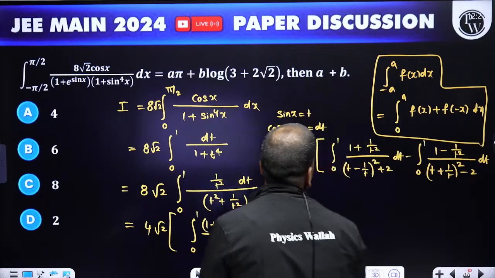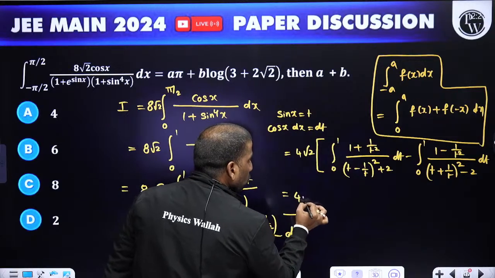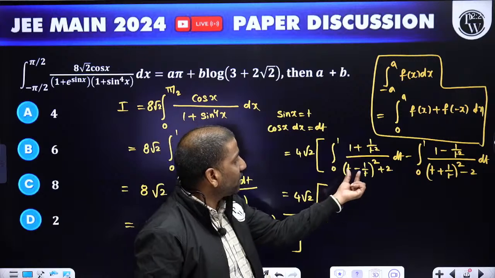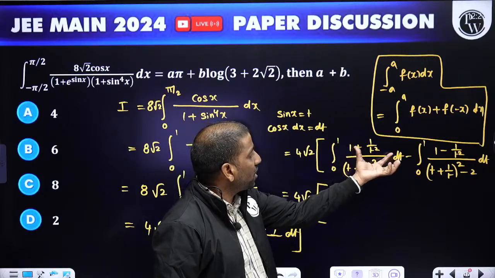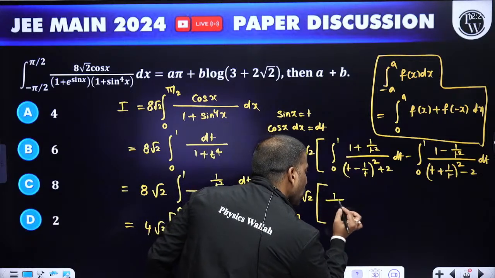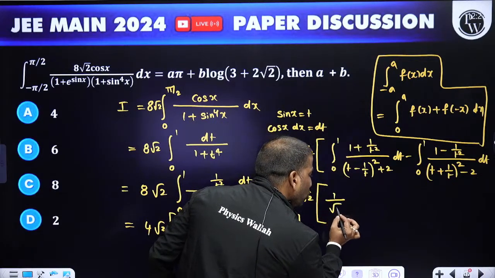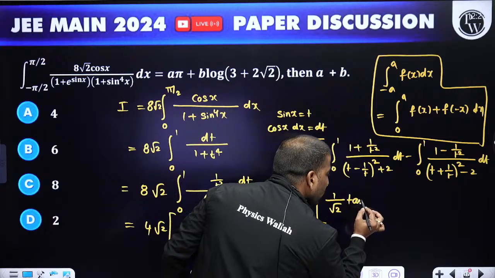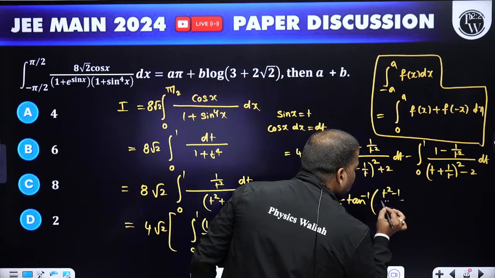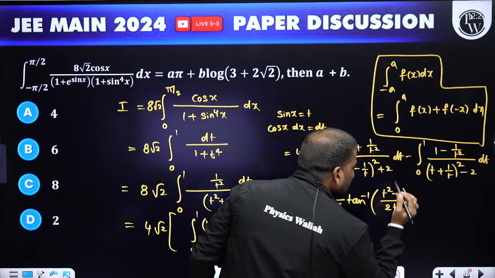That's what it is. So then 4 root 2, we can apply the formula. If you take this as t, this whole part is dt, 1 by x square plus a square is 1 by a tan inverse x by a, where a is root 2. So t minus 1 by t over root 2.